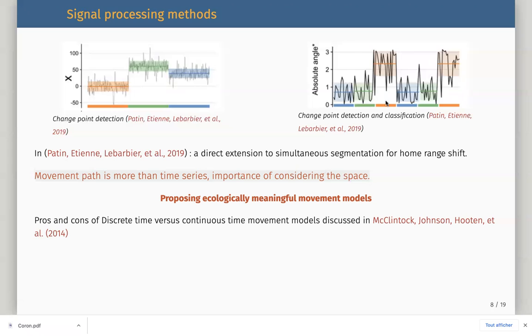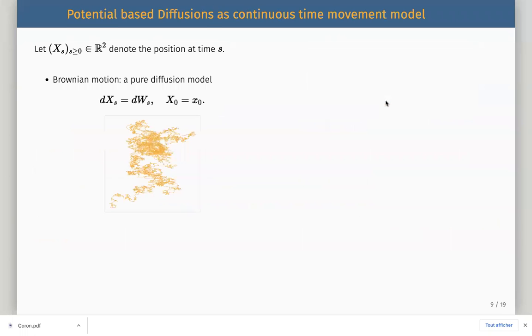So it's important to propose some model which can handle irregular time steps, and the continuous time model is more flexible to do so. I will not discuss further the pros and the cons. The fact is that continuous models are a bit more difficult from a theoretical point of view, and so they have received less attention in the ecology community.